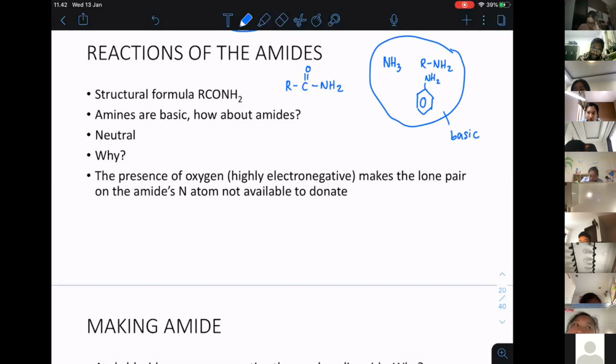Because they have a lone pair of electrons which are ready to be bonded, forming a dative bond with a proton, with the H plus.